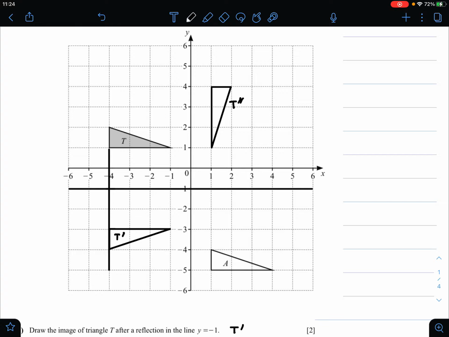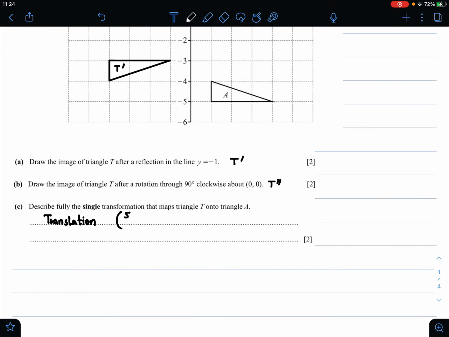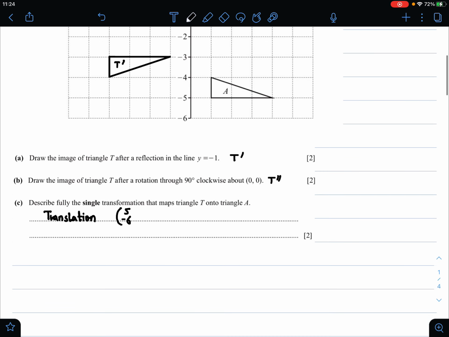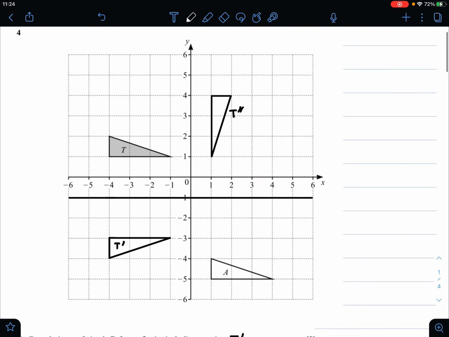So it will be minus 5 minus 1, because you're taking the gap between minus 5 and 1, which is 6 units, and it's moving 6 units downwards, so it will be minus 6. So therefore this will be your final answer for question 4.